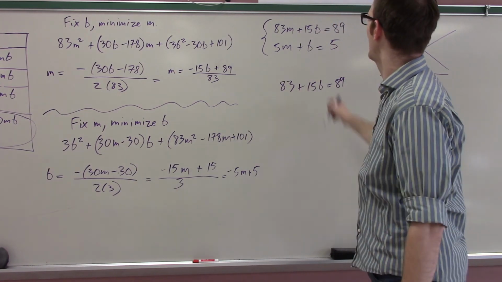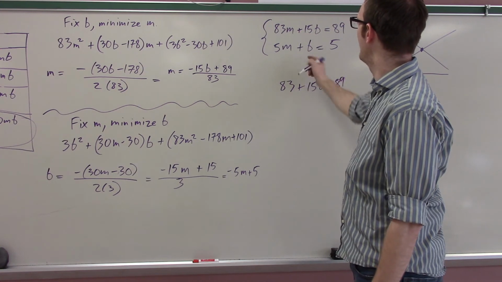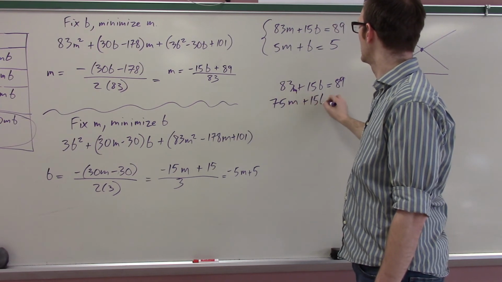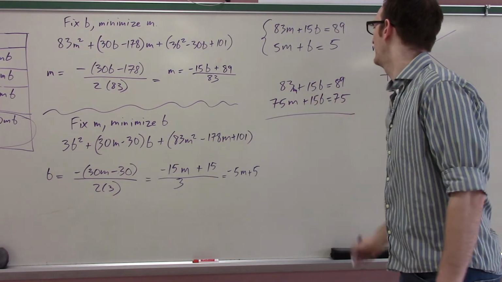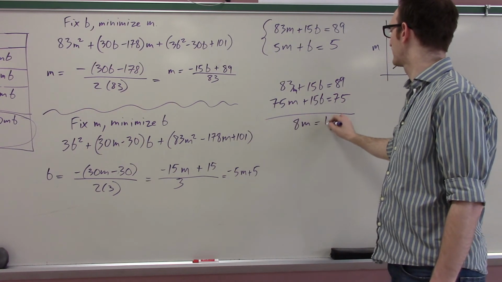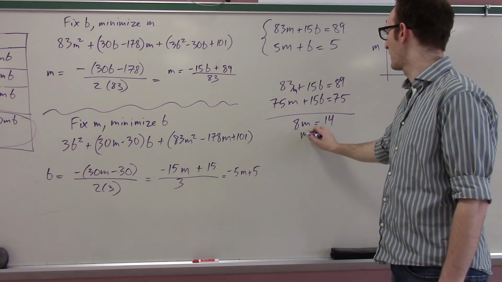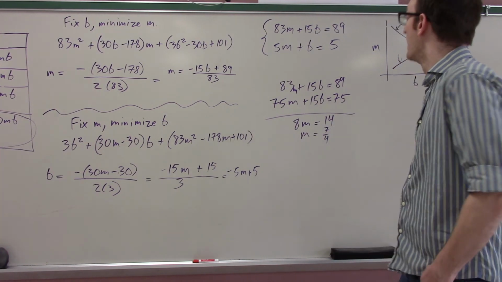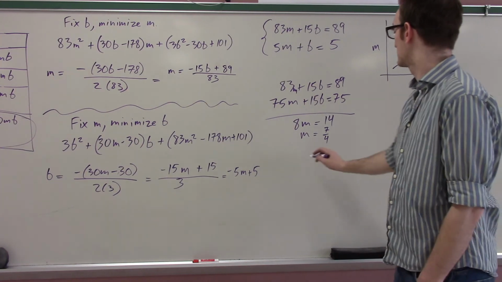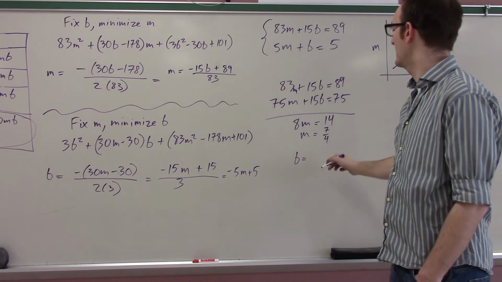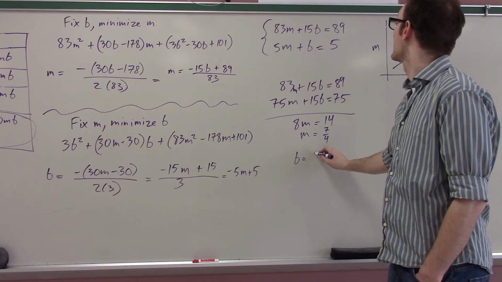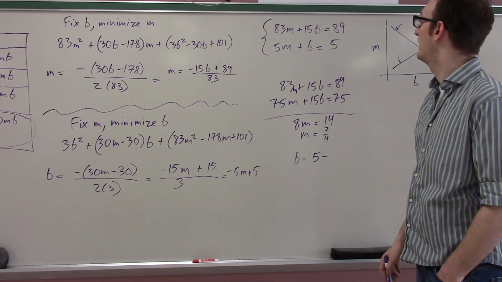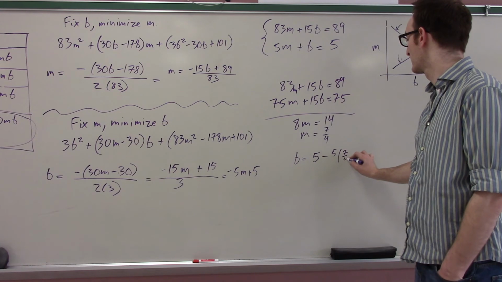Okay, let's do it as fast as possible by just using whatever random techniques. I will multiply, I guess, by 15. It seems like a good idea. If I multiply by 15, I get 75m plus 15b equals 75. So this is 8m equals 14. So m is 14/8, which is 7/4. And if m is 7/4, then b is 5 minus 5 times 7/4.